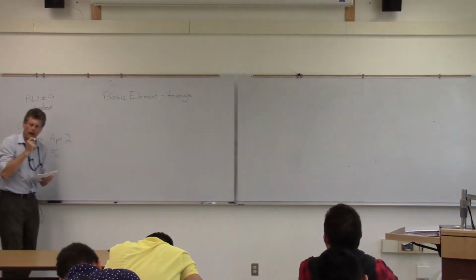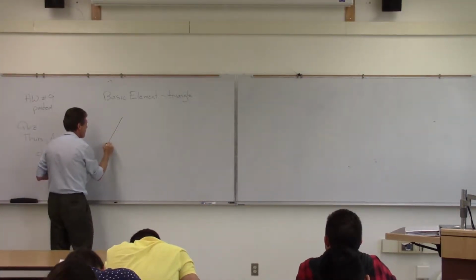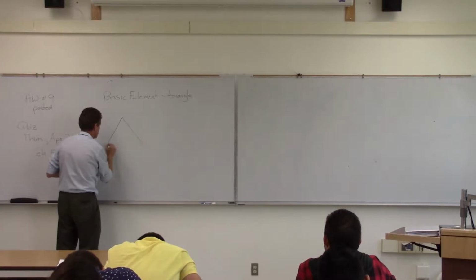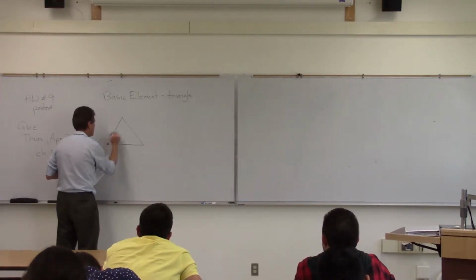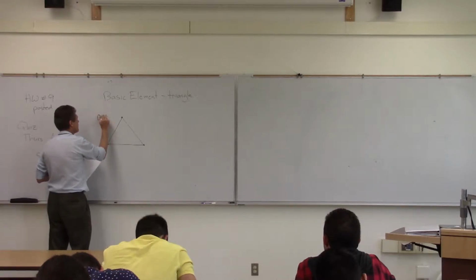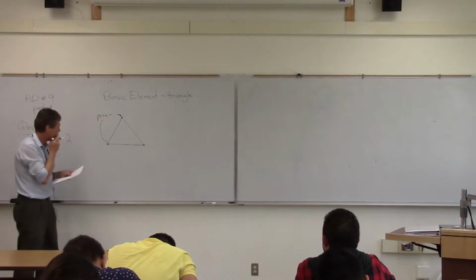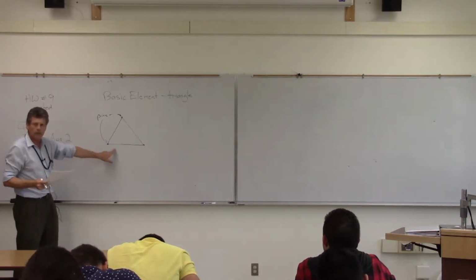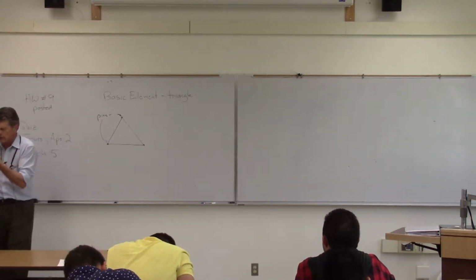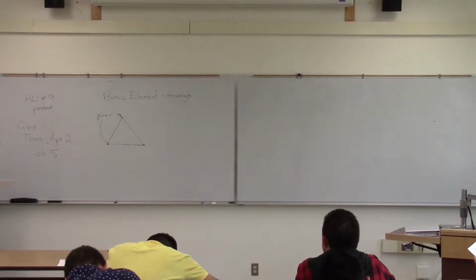Okay, the basic element to trusses is going to be the triangle. And again, as we said, they're connected at the ends. So our definition is that they're connected at the ends, and they're pin connected at the ends.